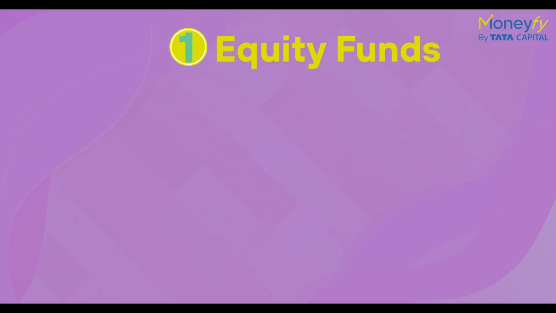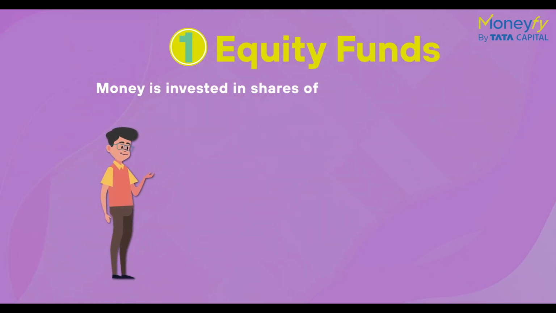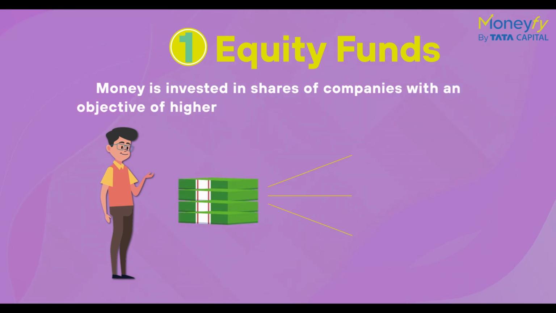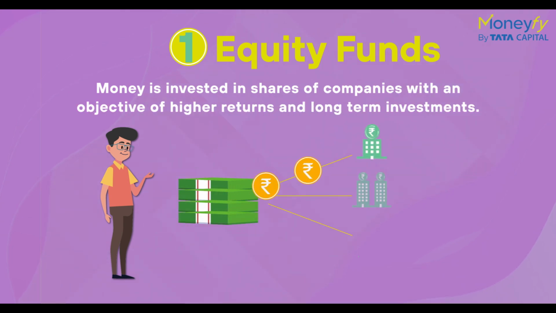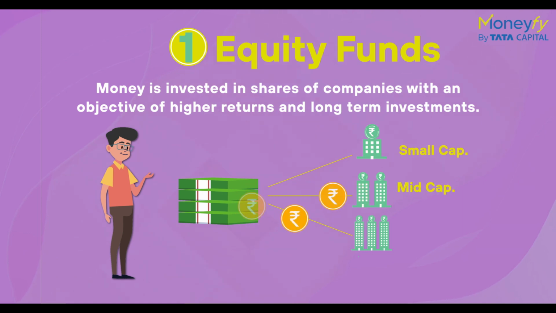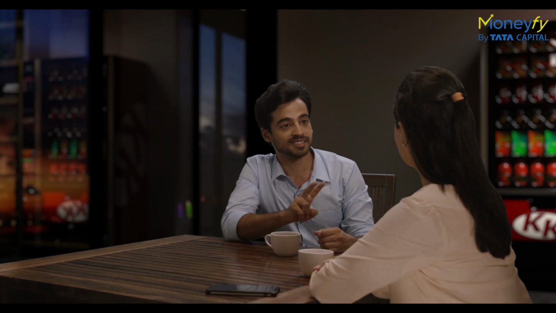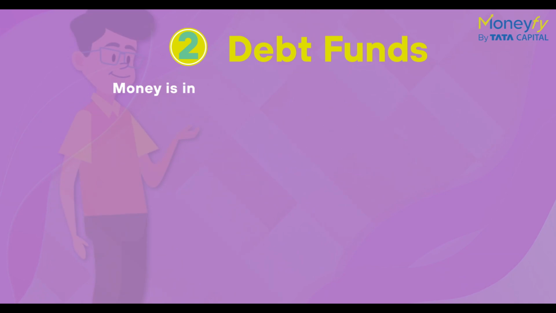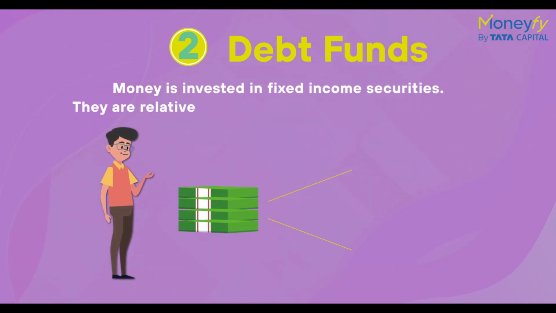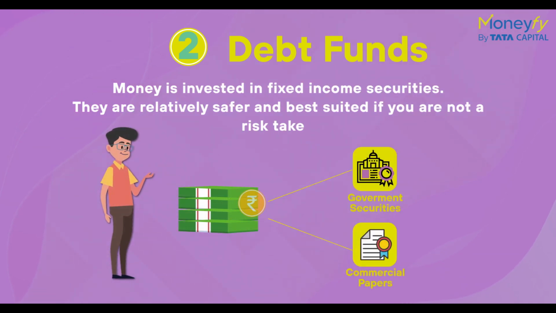Of course. So there are 3 classifications of mutual funds. Number 1, equity fund. The money is invested in shares of companies in order to get higher returns of long-term investments, for example, small cap, mid cap, large cap. Second, debt funds. The money is invested in fixed income securities like government securities or commercial papers.